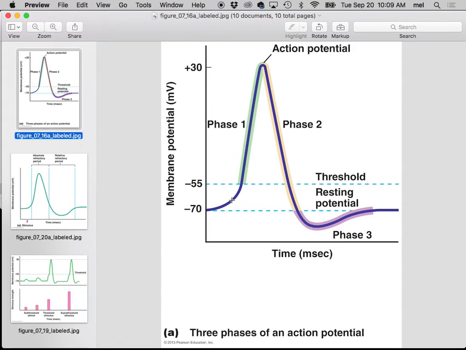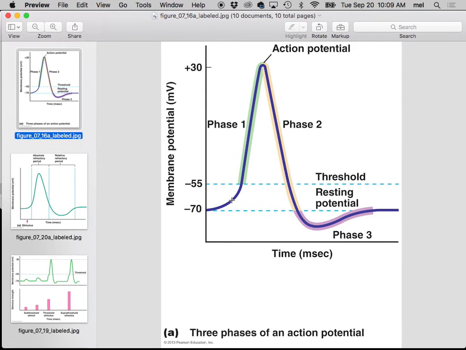And so now what we need to do is reset it, right? So we let massive amounts of sodium in, but we are going to have to repolarize it. So you guys tell me conceptually, what should I do at the top of this hill? Close sodium, and then what?